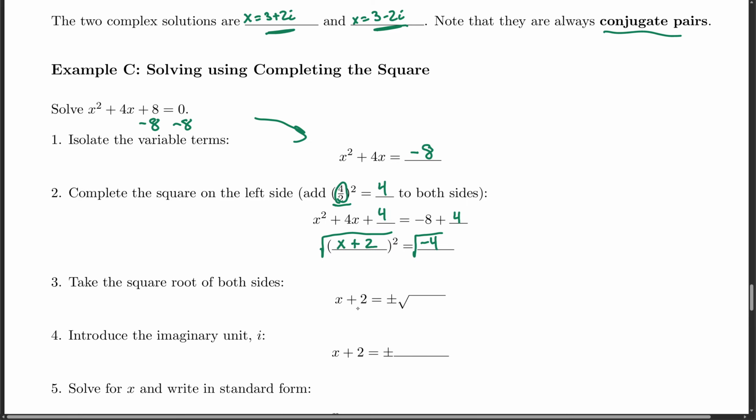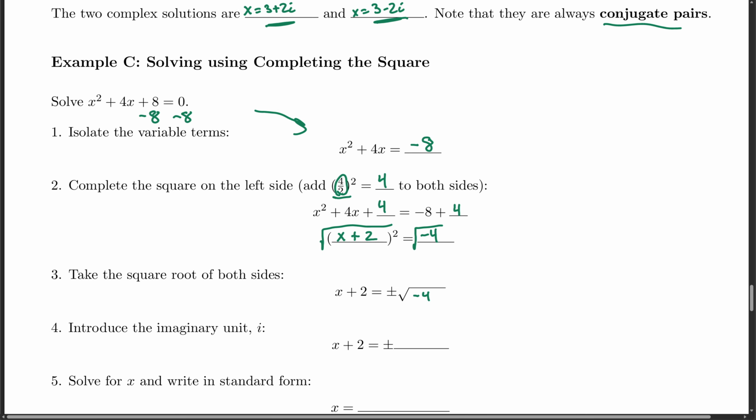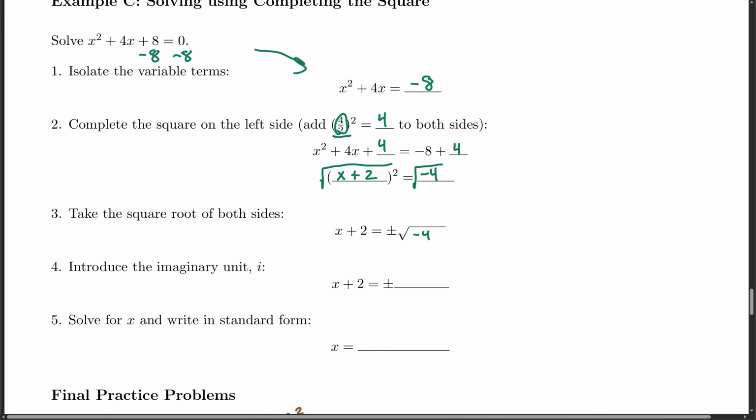And that's going to leave us with x plus 2 on the left. We get that plus minus here. And we're left with the square root of negative 4 on the right. But we can go ahead and simplify that next line into the square root of 4 times the square root of negative 1.